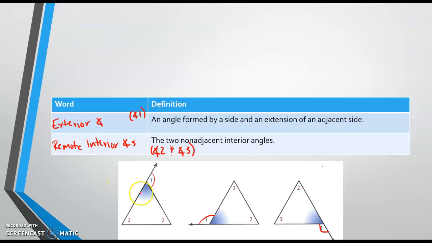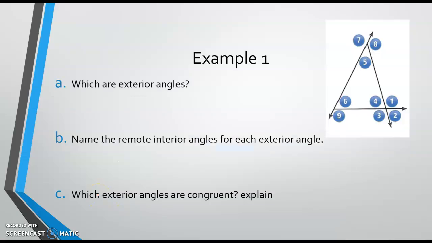And that's the case for all three of these triangles. So here's my exterior, and with an exterior angle, I have two remote interior, which are not adjacent to my exterior.